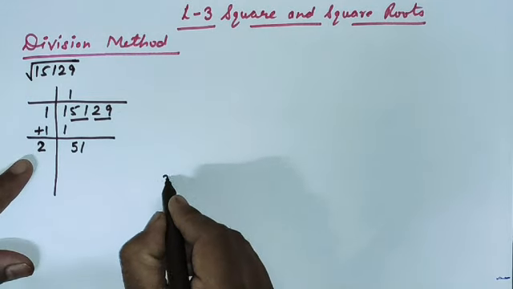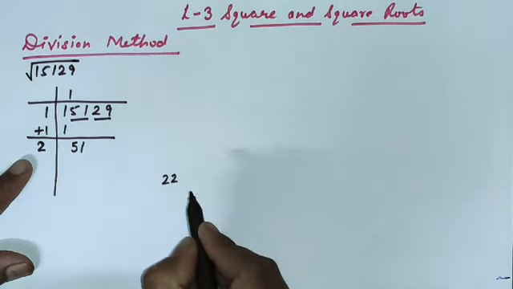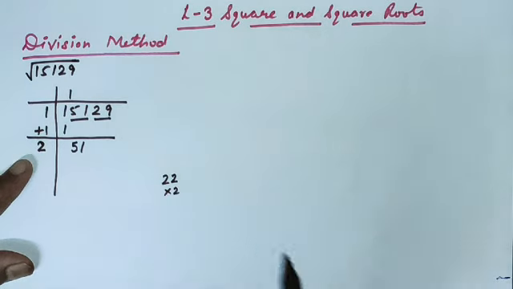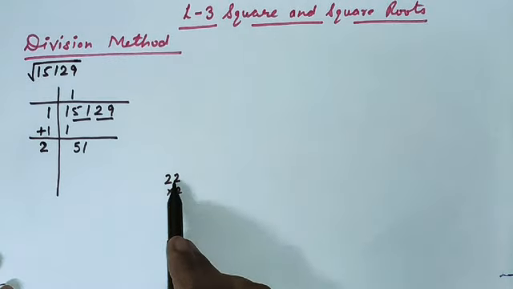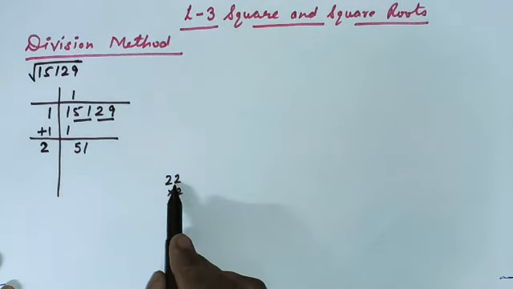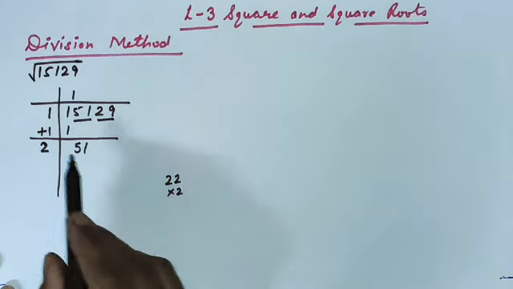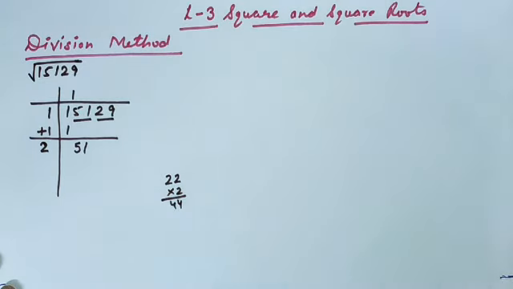Suppose I take 2. So I have to write this 2 here and then multiply by 2. That means the digit which we are going to use for multiplication, I have to write with the number also. So 2 2s are 4, 2 2s are 4. I got 44, and 44 is less than 51.